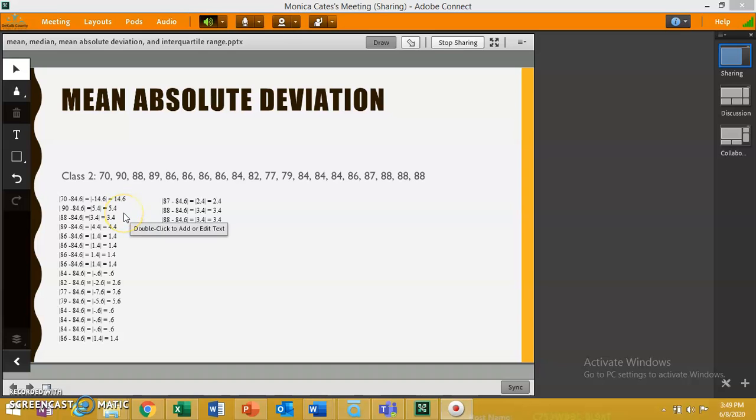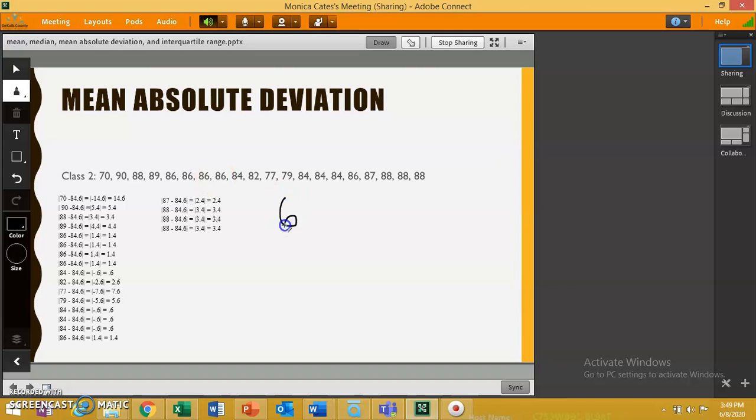And again, for the next one and the next one, all of these values are positive because I am doing the absolute value. When I add them all up, I get a sum of 65.6, and I divide that by 20.